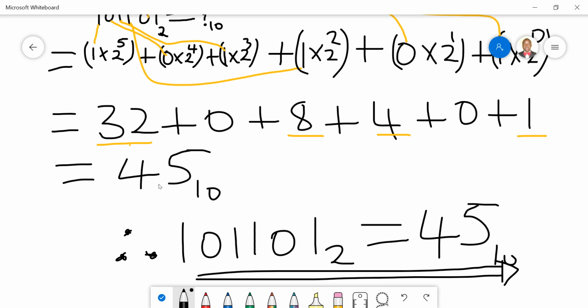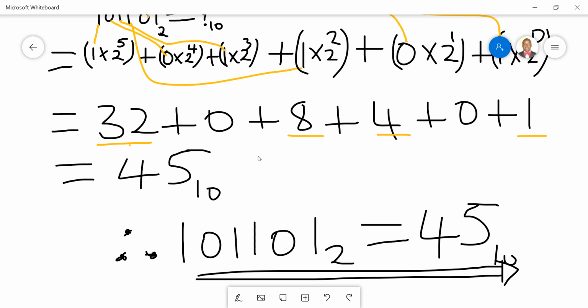So now on our next session, I'm just going to show you how to convert from decimal to binary, and from binary to octal to hexadecimal, and we will do vice versa.